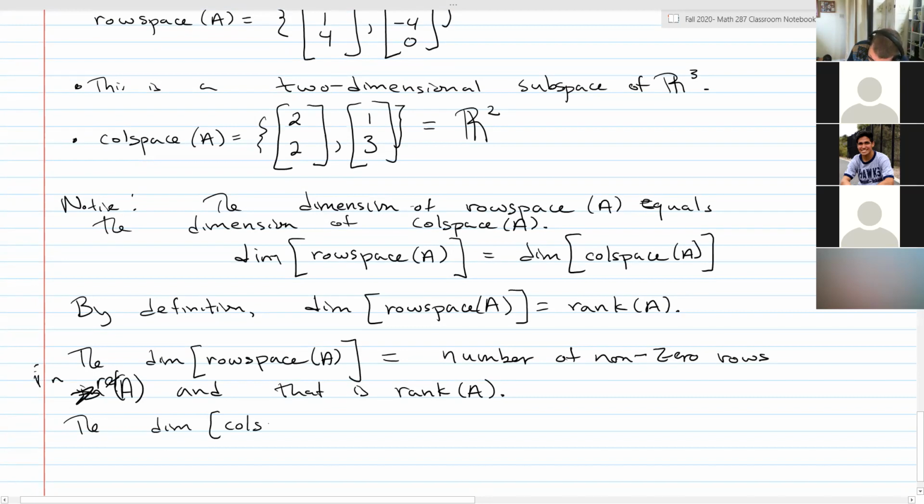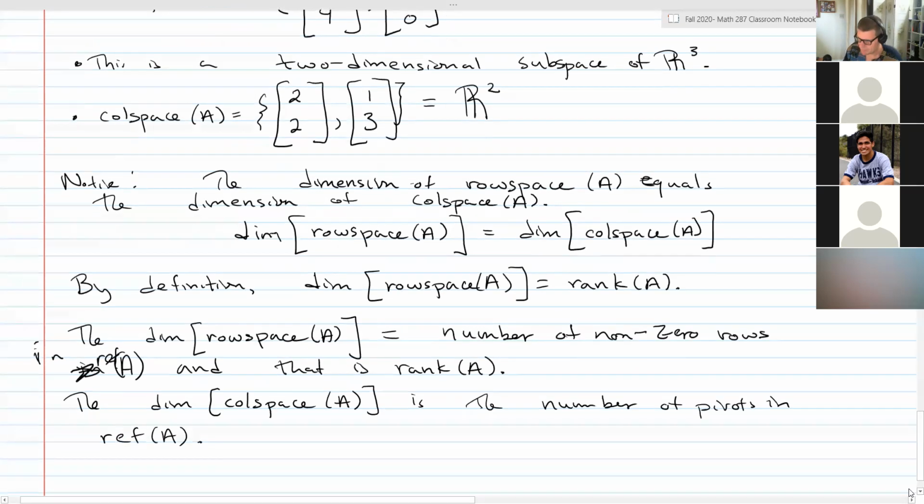The dimension of the column space of A is the number of pivots in REF A. So that's going to be the number of pivots in REF A, right?